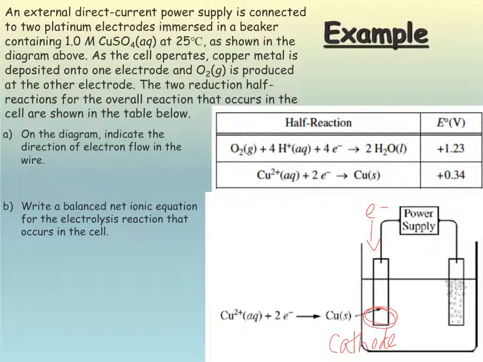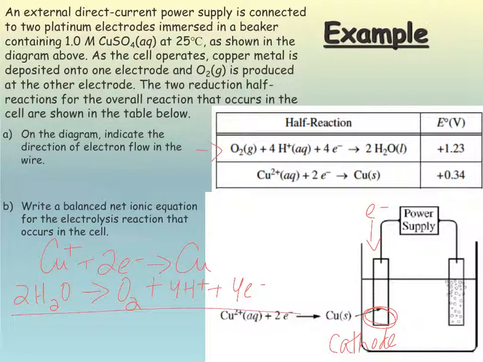And for our balanced equation, we have the Cu2+ and the 2 electrons making the copper solid. And then this equation has to be reversed, so we got our 2H2O makes oxygen gas, 4 hydrogen ions, and 4 electrons.